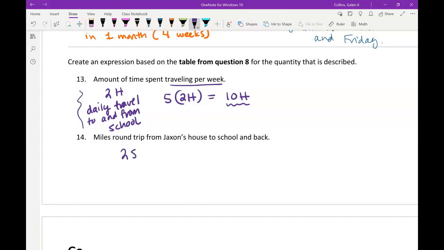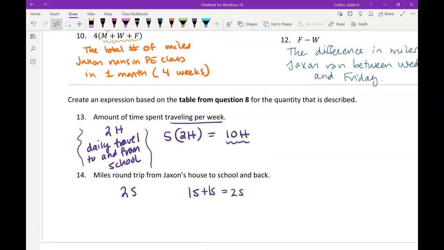Just like how up here, this was 2H. So miles round trip from Jackson's house to school and back would be 2S. If you were to say S plus S, that is also correct. But remember, you can add 1S and 1S to get 2S. So those expressions are the same. All right, that concludes the Set portion of our practice.